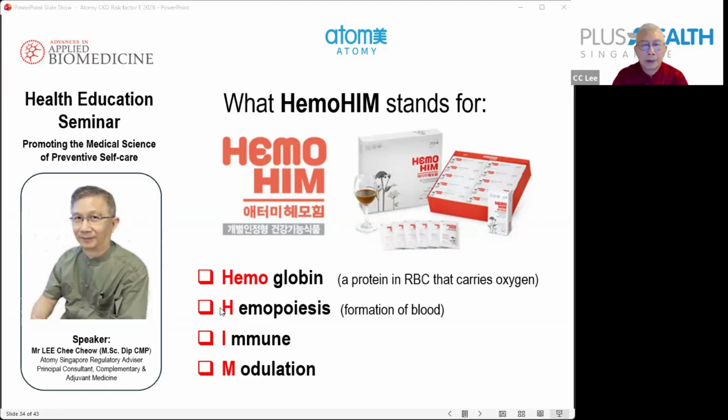The big capital letter H stands for hemopoiesis, the formation of blood. I stands for immune, and M stands for modulation. So in short, hemoglobin, hemopoiesis, immune modulation is the representation of Hemohin, and this basically summarizes the overall major function of Hemohin.